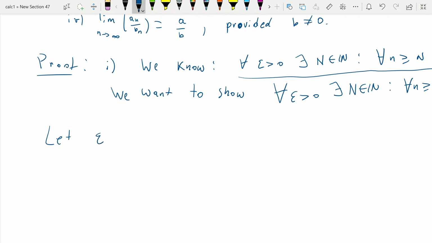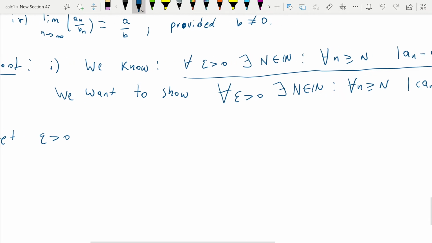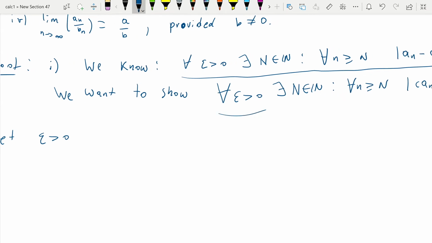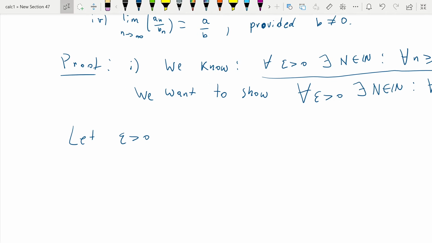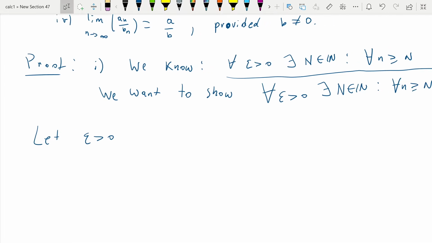This is an arbitrary epsilon. Whenever you try to prove a statement that starts with for all epsilon, you let epsilon greater than 0 be an arbitrary number. Here it's an arbitrary positive number. Now this epsilon is going to be fixed from now on.